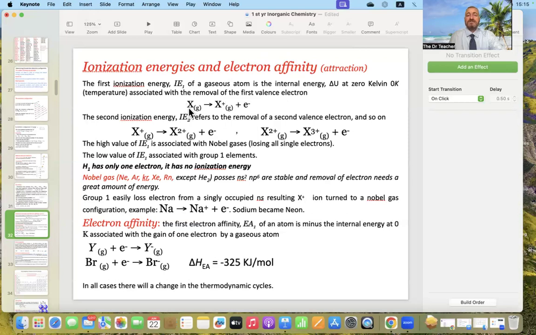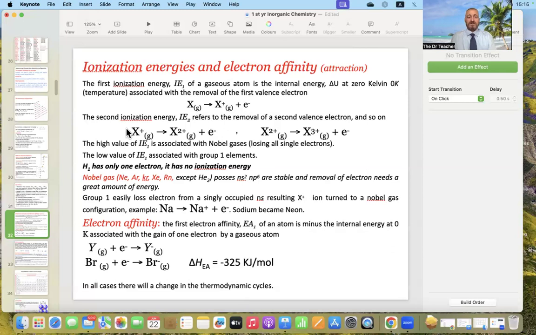So X as a gas loses one electron at the first ionization energy and becomes X plus in gas form, with one electron escaping. When this normal, stable gas loses one electron, it ends up with a plus charge.